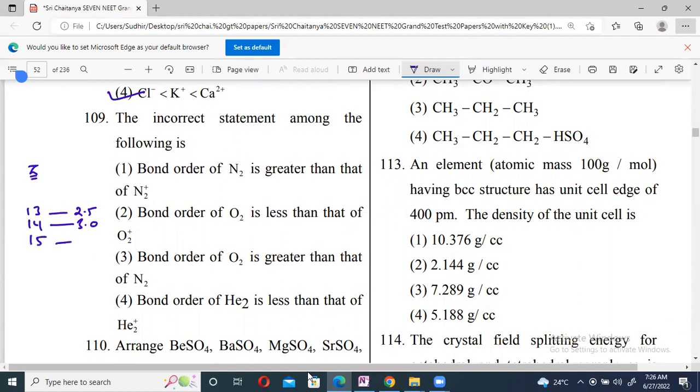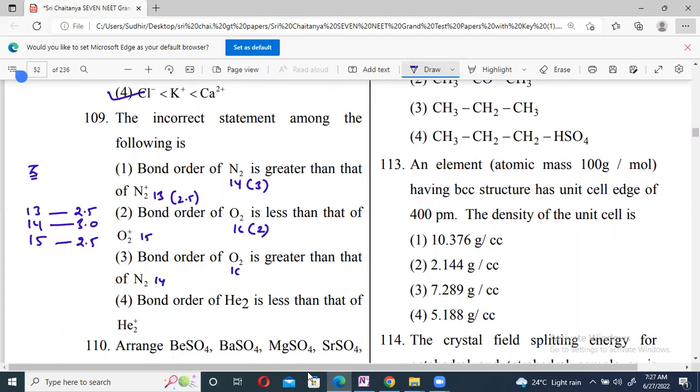If it increases by 1 unit, then also it decreases by 0.5 unit. N2 14, N2 plus 13, O2 16, O2 plus 15, O2 16, N2 14. Z value, if it is 14, bond order 3. If it is 13, bond order 2.5. But bond order of N2 greater than N2 plus. Yes, 3 greater than 2.5.